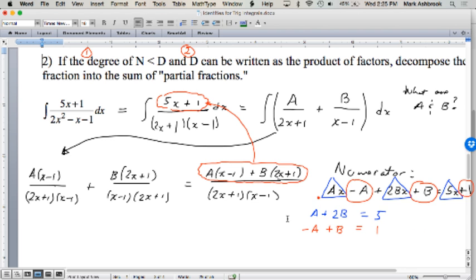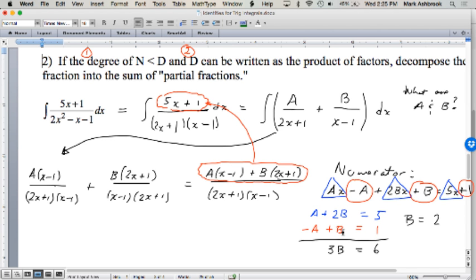So this one looks like it's rigged for elimination. Do you see that if we just add these equations, the a's go away? See that? And so what about b's? How many b's do we have? 3b equals, so what? I just added equations. I added the a's, I added the b's, and the constants. Therefore, b equals 2.